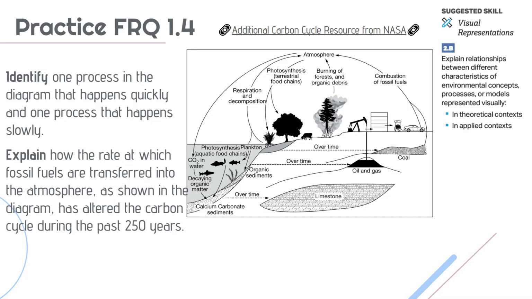Then you need to explain how the rate at which fossil fuels are transferred into the atmosphere, as shown in this diagram, has altered the carbon cycle during the past 250 years. Think about a process in this diagram that has changed dramatically over the past 250 years and explain how the rate of that process is altering the carbon cycle.